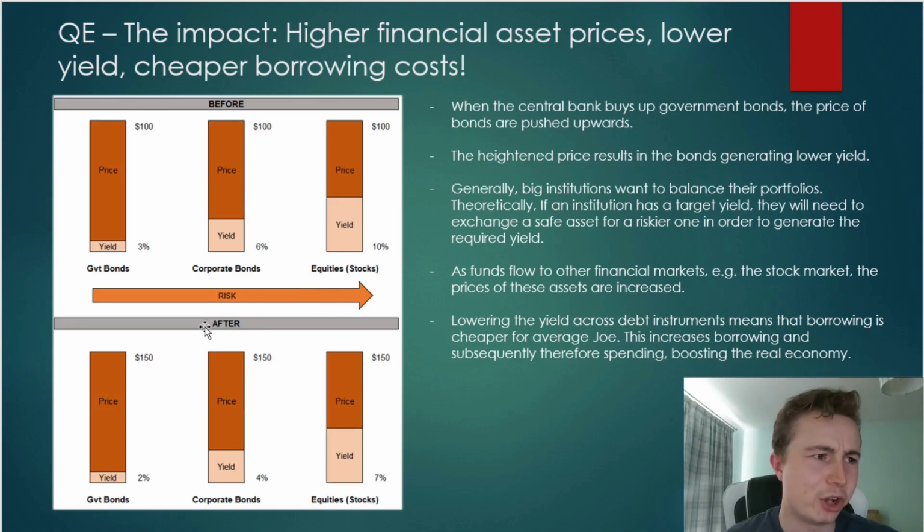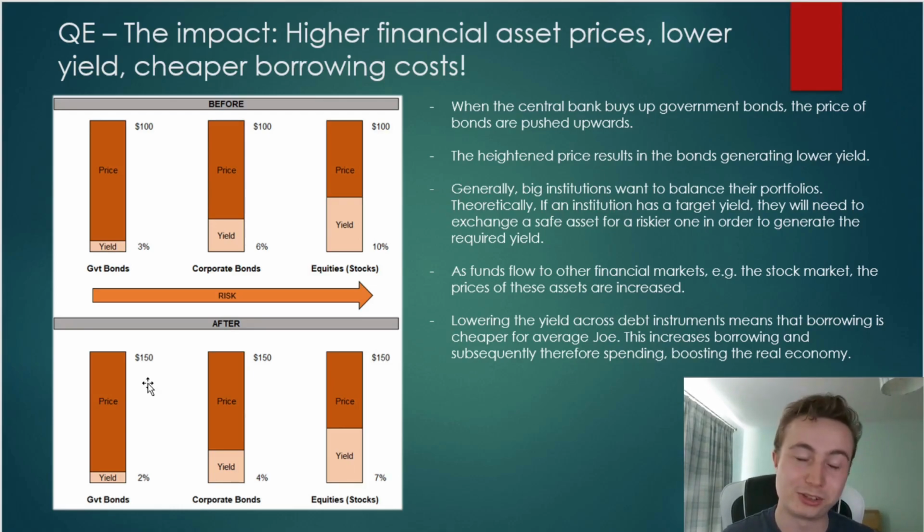So what happens after? Well, the prices have gone up. So government bonds have gone up from 100 to 150. Why is that? Well, think about it, guys. The government is creating cash out of thin air and going to the market and saying, look, we've got cash, we're ready to buy bonds, sell us bonds. And what do we know?